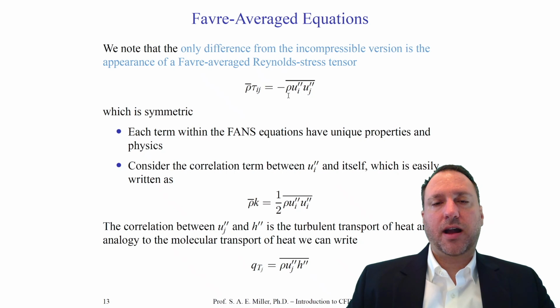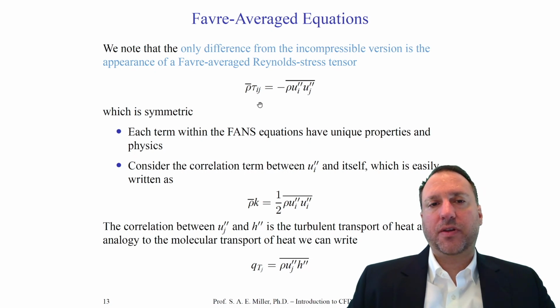You'll recall the original Reynolds stress tensor had a term like negative rho times the average of ui prime uj prime. Now we have a normalization of the Favre-Averaged Reynolds stress of negative of the average of rho ui double prime uj double prime. So the u's, of course, are mass weighted now.